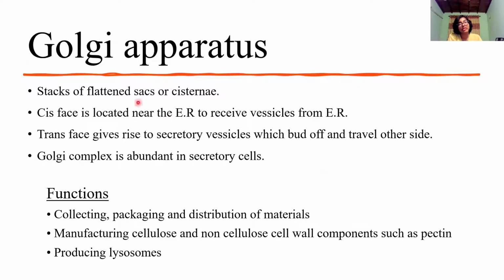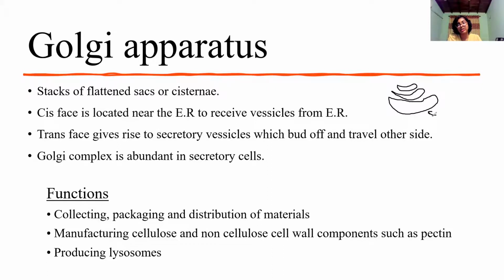The cis phase is located near the endoplasmic reticulum to receive vesicles from the endoplasmic reticulum. The trans phase gives rise to secretory vesicles. So inside we have the trans phase, and outside we have the cis phase.